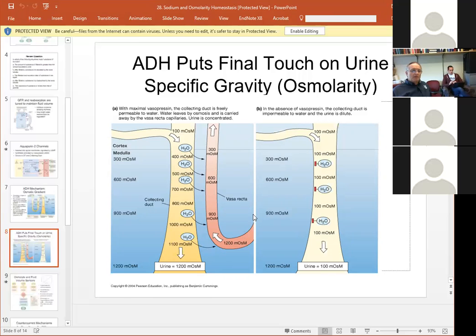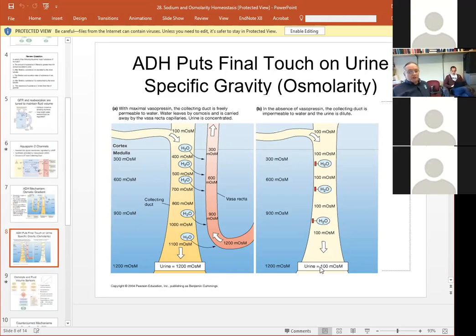If there's not antidiuretic hormone, also known as vasopressin, in the blood, then we have fewer aquaporin channels, so the water can't get through the membrane, so it stays in the urine. So the urine keeps its high water, low salt concentration. 100 milliosmolar is low salt concentration. So we'll urinate dilute urine.